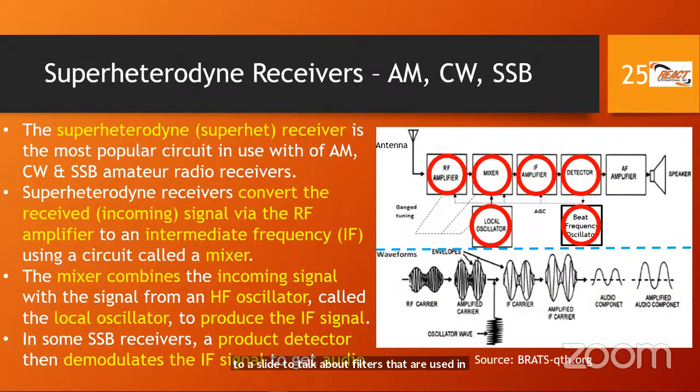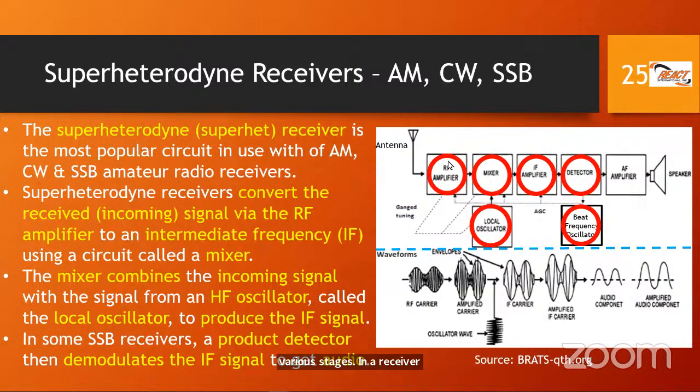All right, so we have different stages for different types of receivers, but we'll be sticking to one called the superhet type of receiver, and this is very popular for AM, amplitude modulation, as well as single sideband or SSB, and even CW, which is a form of AM. If we take a look at this block diagram, you'll see various stages in a receiver.